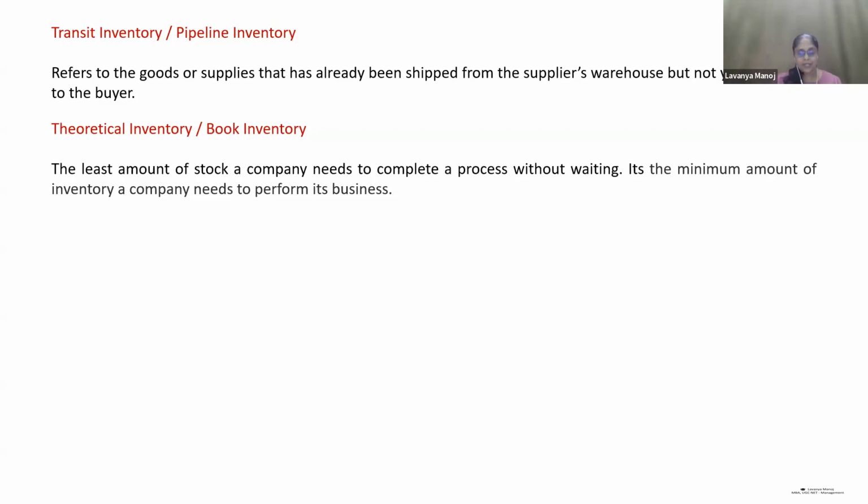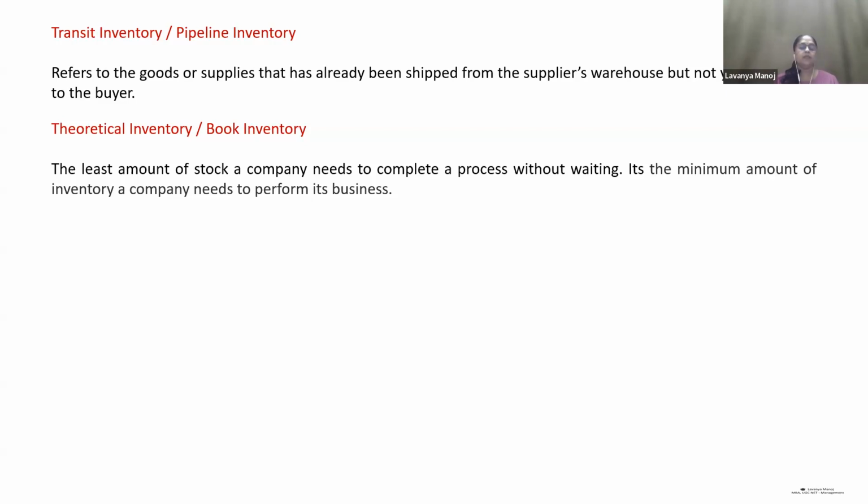During the next line of production, this safety stock can be made use of. But again, another 10 units of safety stock should be replenished in that particular storage unit. So this is how it works.